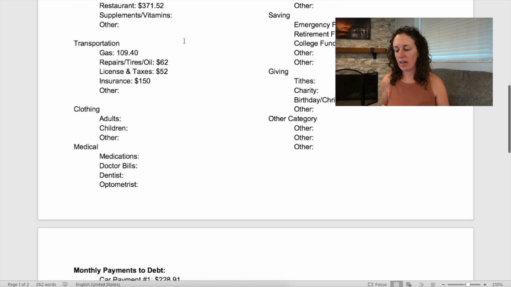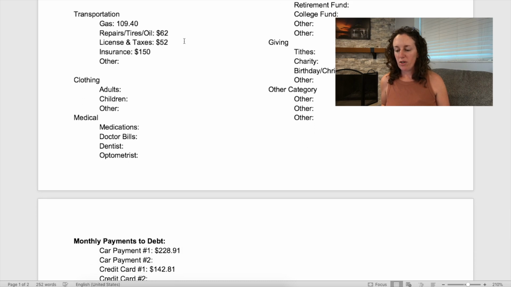Moving on down, we've got gas. That looks pretty normal. Repairs, tires, oil, license, taxes, insurance. Insurance, I do have a section in my program where I encourage them to talk to their insurance provider and see if there is anything else that their insurance provider can do for them without taking away any coverage.